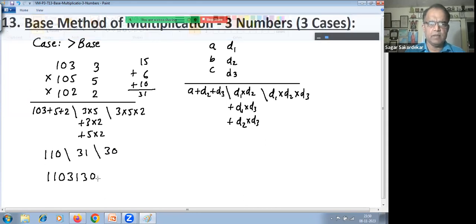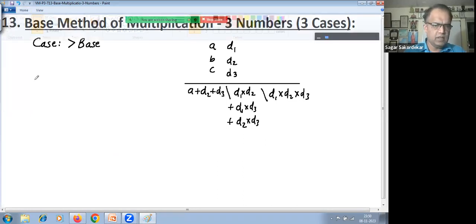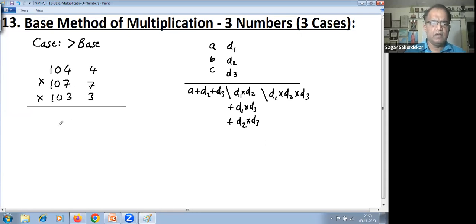Let's try another example. We are on case 1 where all three numbers are above base. Next example: 104 multiplied by 107 multiplied by 103. Base is 100. The difference is very simple, just remove 1, and that gives you the difference. So first part: 104 plus this 7 plus this 3.